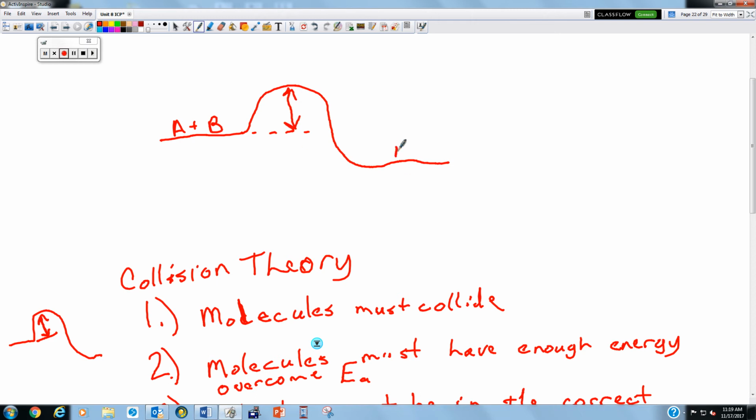And so we get this on the end, and we're going to have some sort of activated complex there that's in the transition as the reaction is happening, and then we have our product. It doesn't matter if it's endothermic, exothermic, energy going in, energy going out, we still have to overcome this. So molecules must collide, and the molecules must have enough energy to overcome the activation energy in their collisions.